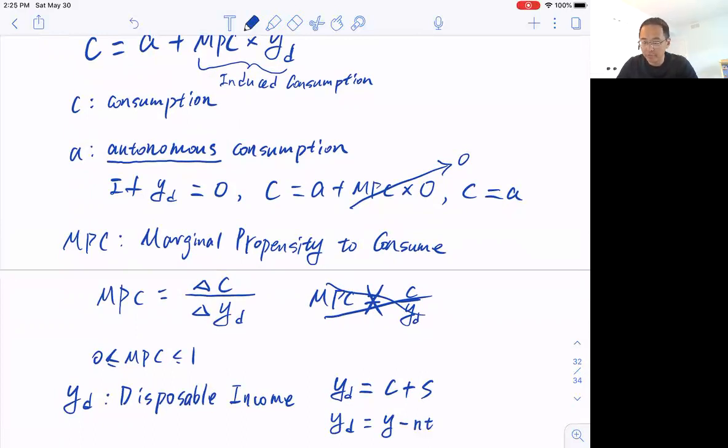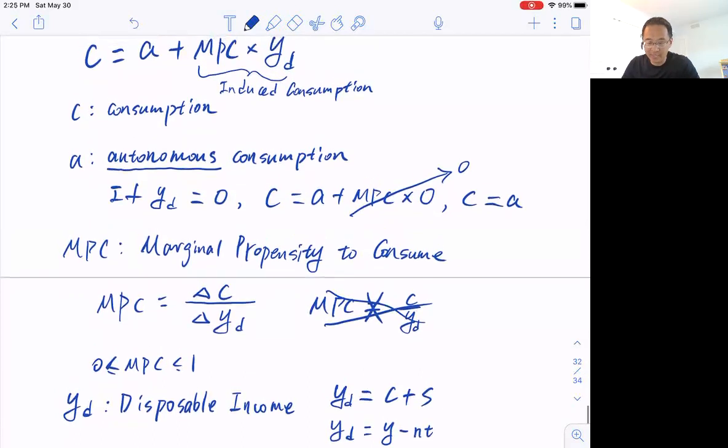Now, this is all on the personal level, so I'm using all lowercase letters, but the same equations hold for the national level. You just need to capitalize these letters and you get exactly the same things measured on the national level. Then MPC times YD gives you the proportion of your disposable income that you're spending.